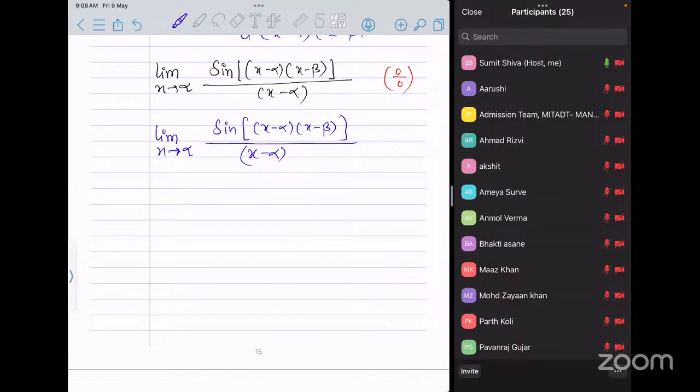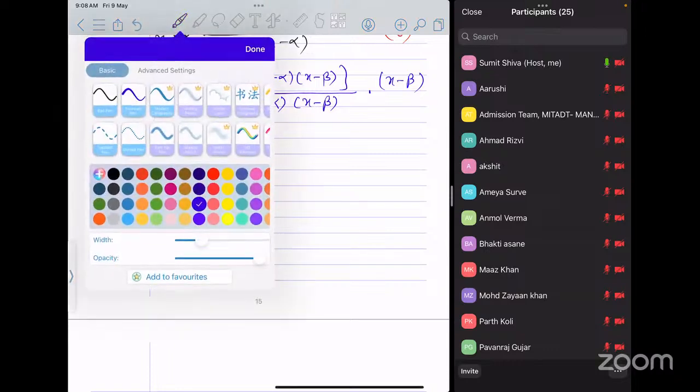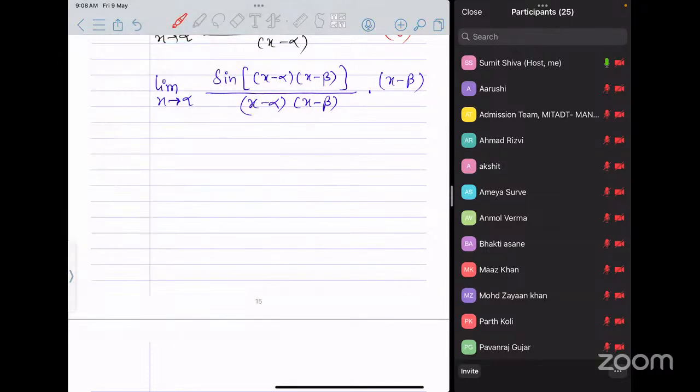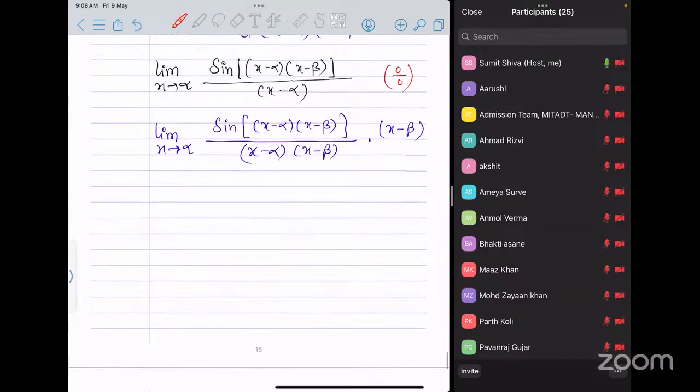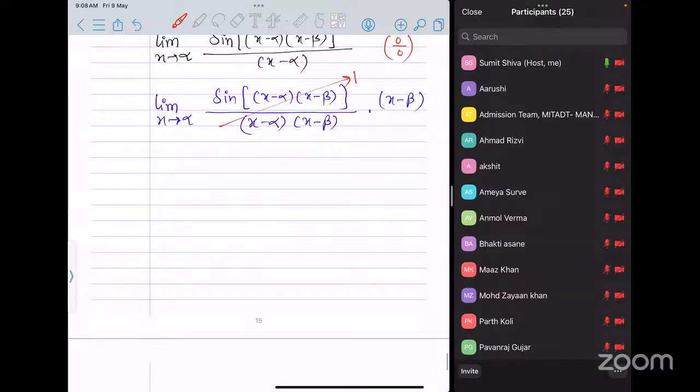To make the denominator expression same as argument of sign, I will multiply by x minus beta in numerator and denominator. And now if you apply the concept of limit, this complete expression will be tending to 1, which implies we are left with limit x tending to alpha of x minus beta, and on substitution of limit, answer will be alpha minus beta. Understood?